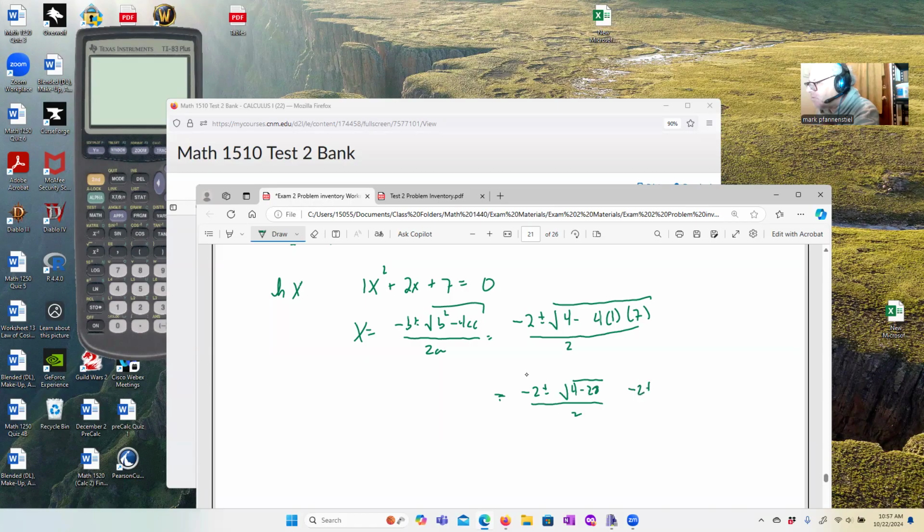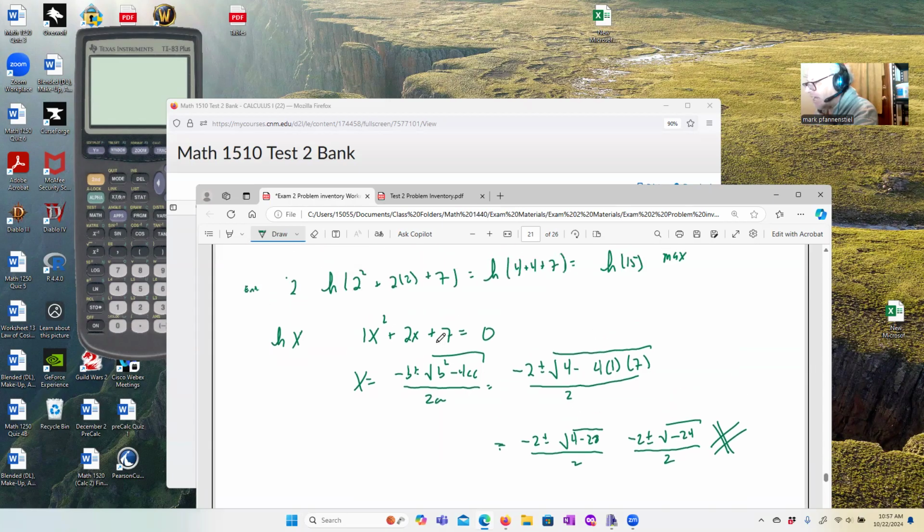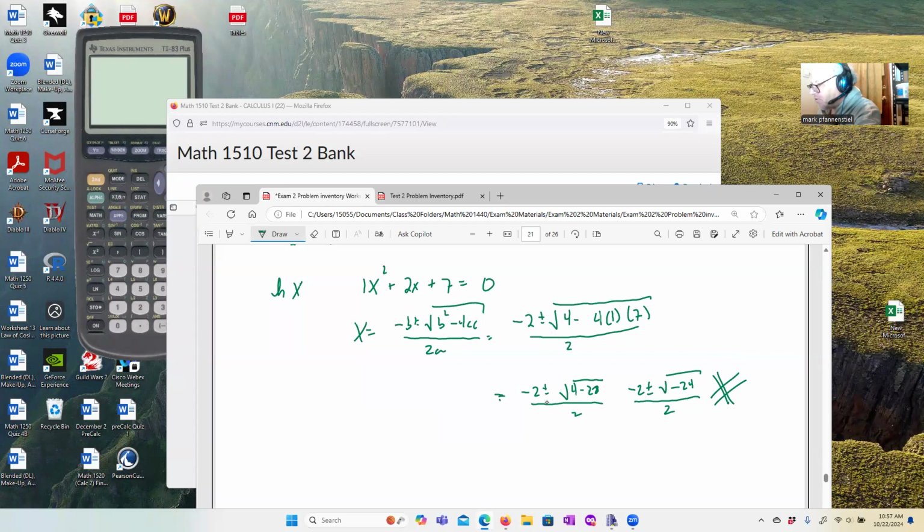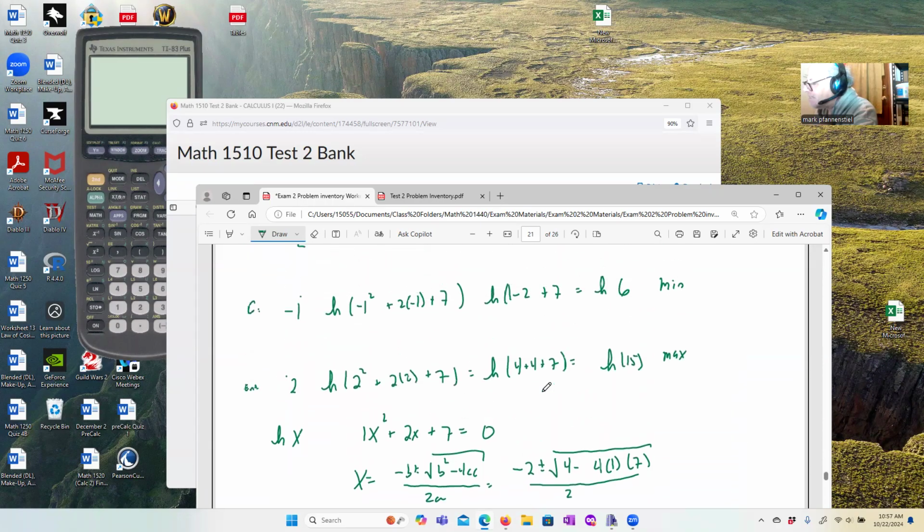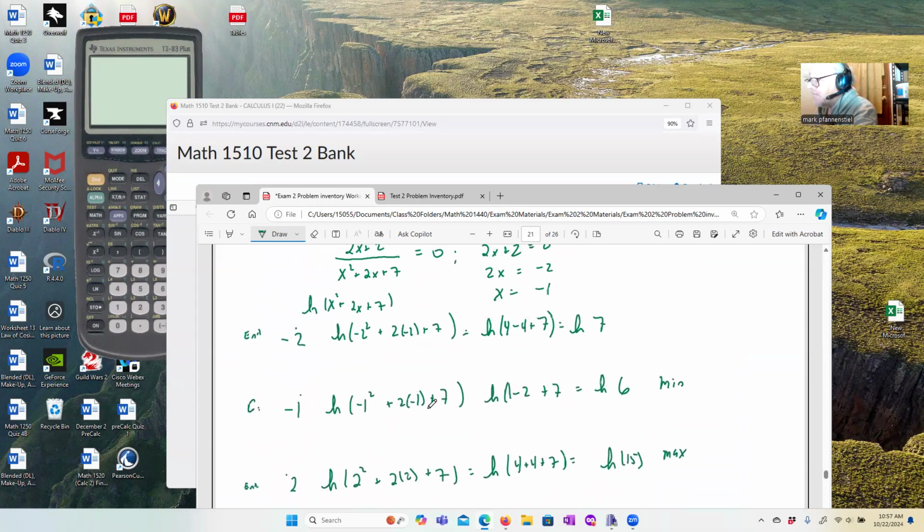This is -2 plus or minus the square root of 4 minus 28, which is -24. Since this is imaginary, we don't have a solution. There's no time where this thing goes to 0, meaning the natural log is continuous everywhere and we're going to have a value. You didn't have to go through this step, but if there was a zero on the inside that you had to figure out, that would be rough. Something to think about.